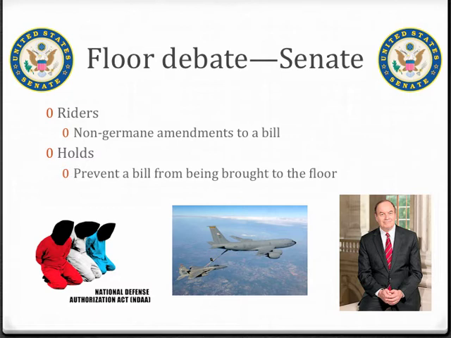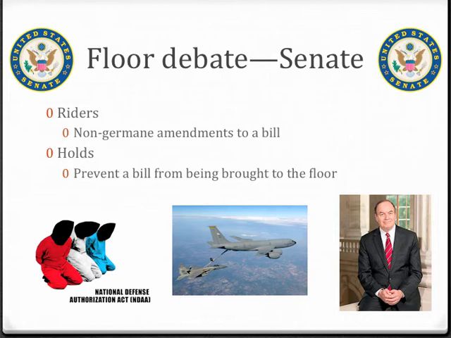In the Senate, when it gets to the floor, senators are allowed to try to add or attach riders to a bill. So let's say that the bill is about the U.S. budget for 2015. And you have a senator who has been working hard to pass a certain law that would build a new bridge in the state of Florida.